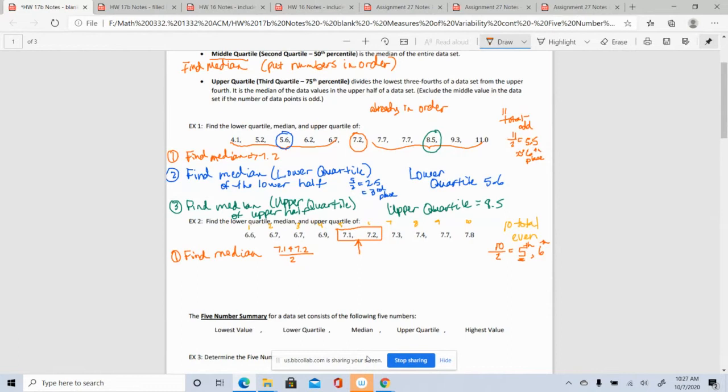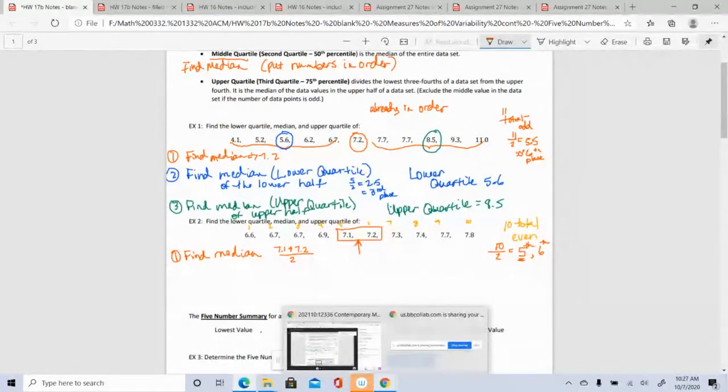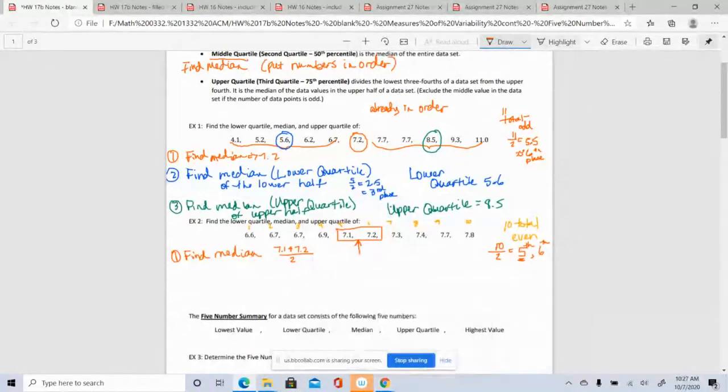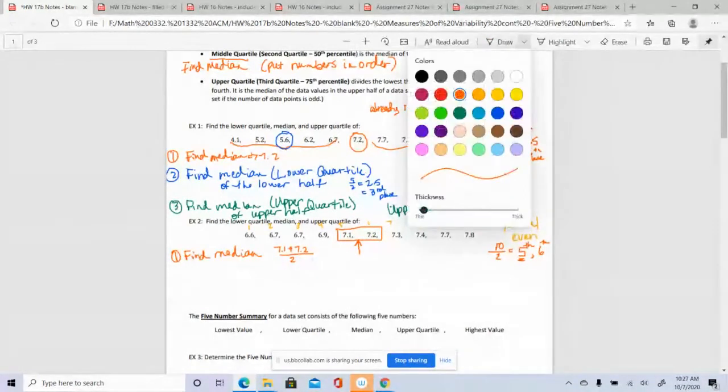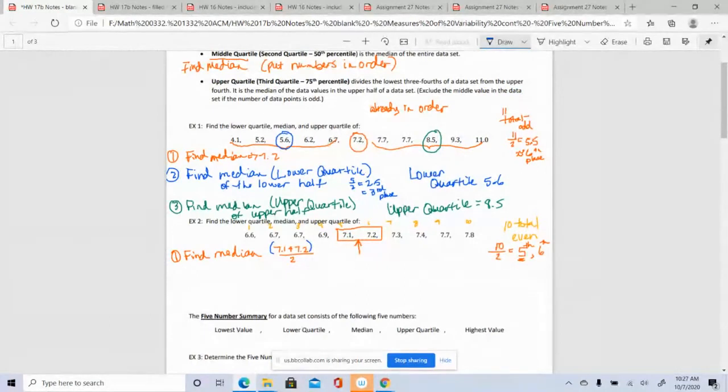If you entered it like that, it's only dividing 7.2 by 2. So you either have to put parentheses around the top 2 numbers, like this, or you could put 7.1 plus 7.2, hit enter, and then divide by 2. One way or the other, just make sure it's going to do that.